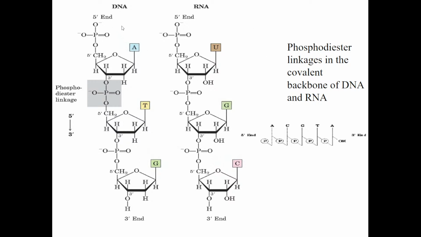For DNA, for example, ATG, not GTA, ATG. For RNA, in this sample, UGC, uridyl guanylyl cytosine, not the alternative. Every time beginning from the 5' end and finishing at the 3' end.